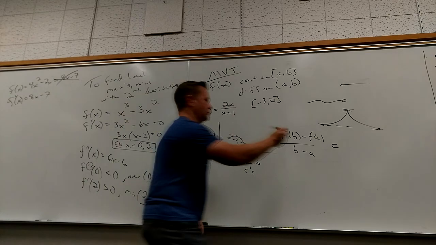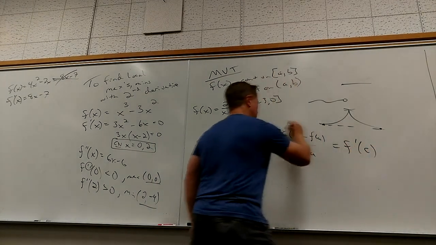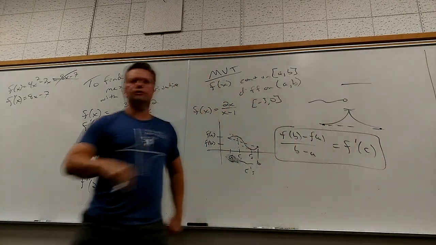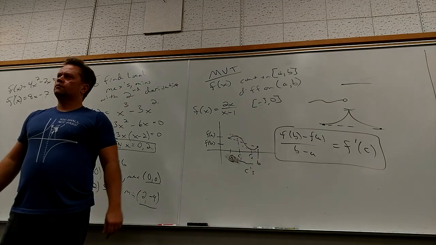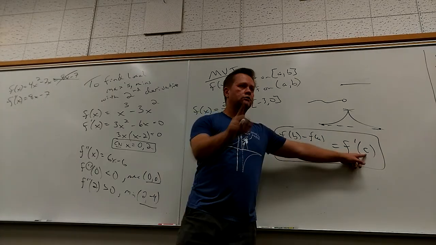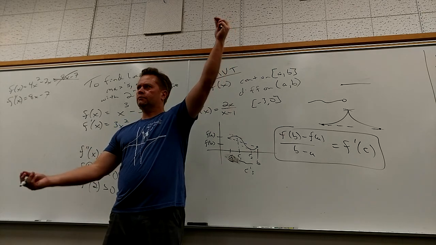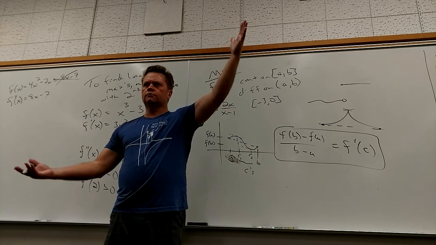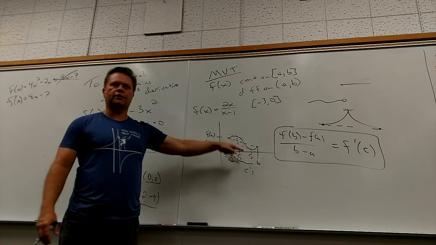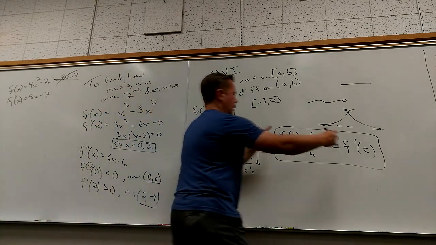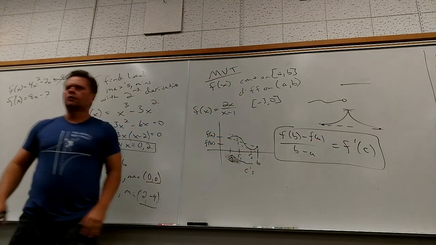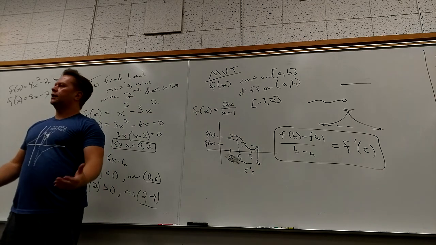Derivative. So I'm going to set it equal to f'(c). This is the heart of the mean value theorem. The slope at at least one point must be equal to the slope between the two endpoints. That's the whole idea, the parallel thing. This picture is captured by this equation. So nice.